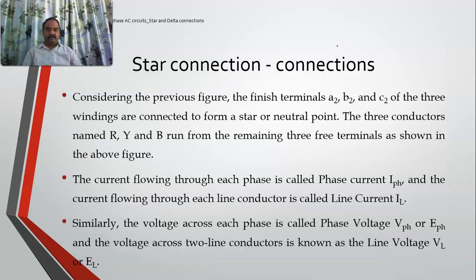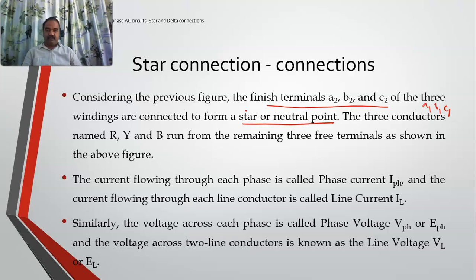In the figure, the finish terminals A2, B2, C2 are connected to form the star or neutral point, whereas the remaining points A1, B1 and C1 are named R, Y and B, and they run from the remaining three terminals. The current flowing in each phase is called the phase current, and the current flowing through each line conductor is called the line current.